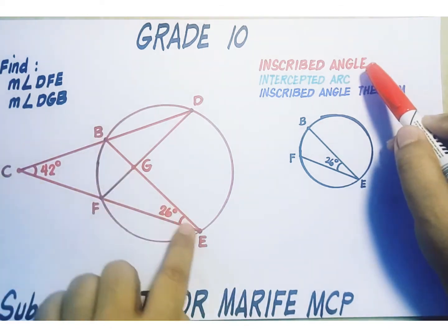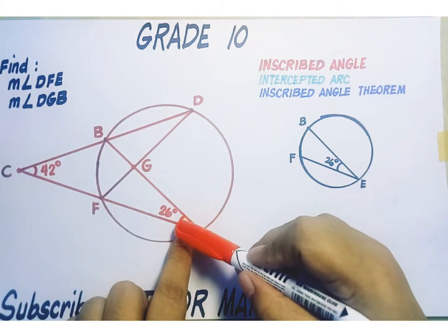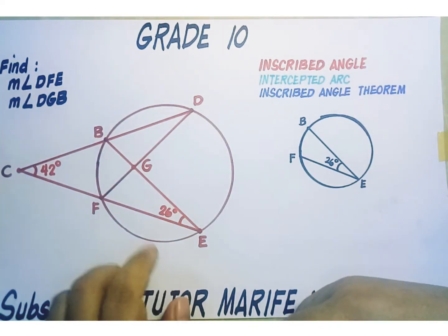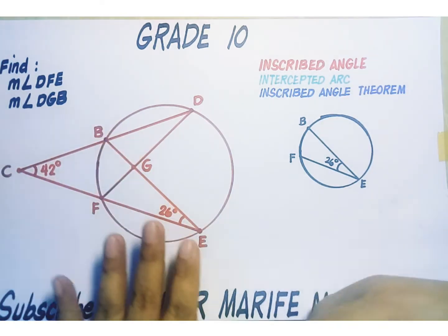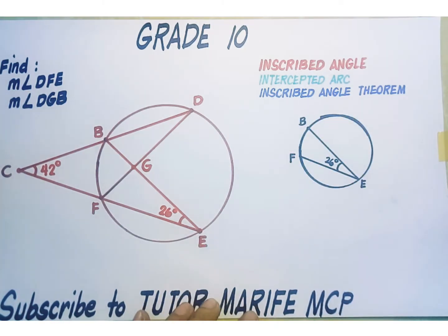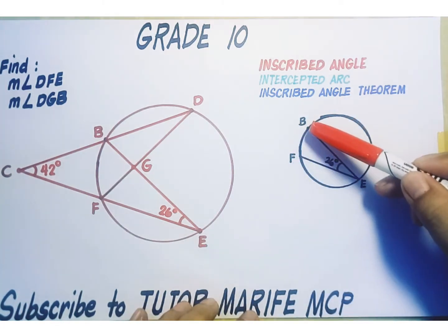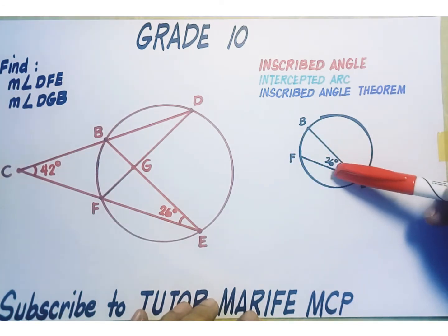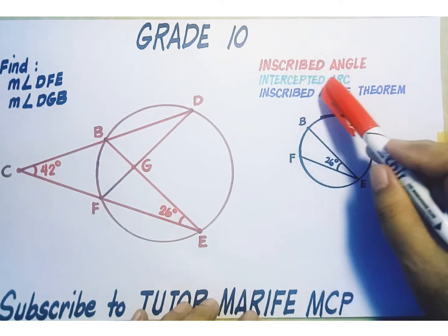Therefore, angle BEF satisfies the definition of an inscribed angle. I have drawn inscribed angle BEF separately. This is the figure. Arc BF is the intercepted arc of angle BEF. What is an intercepted arc?